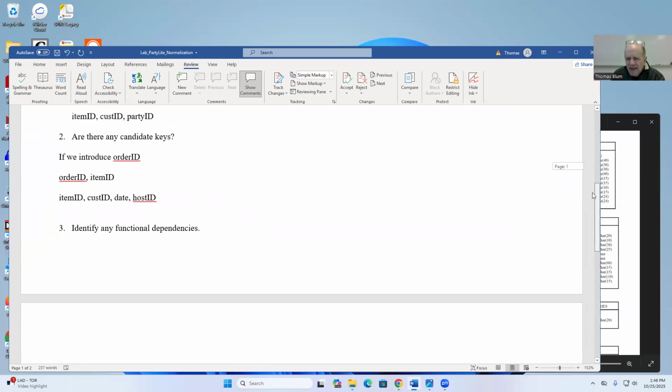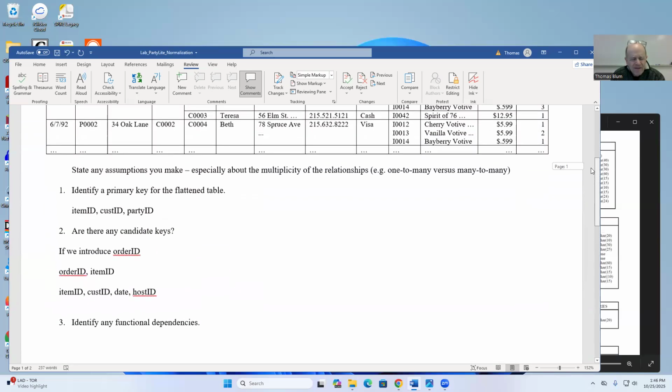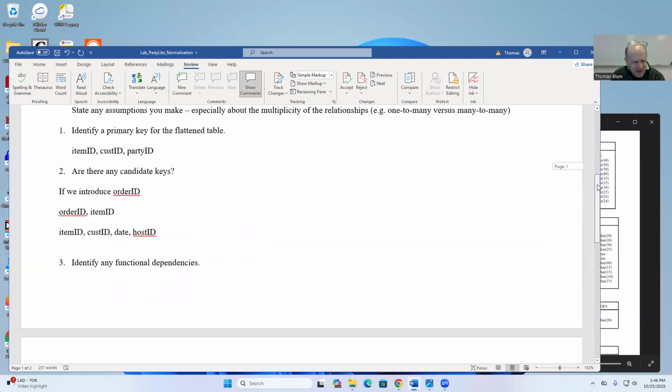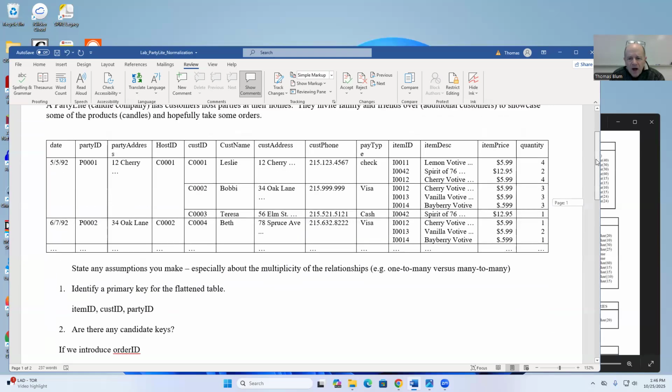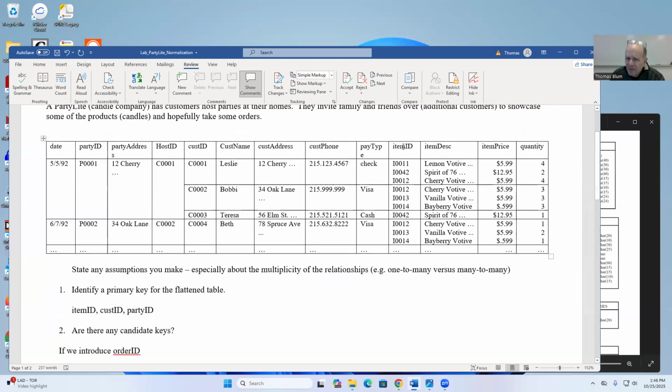So let's look next for functional dependencies. Let me get myself onto the next page here. Okay. Now, clearly the item ID tells us, again, functional dependence is almost like a mini primary key. The primary key is going to uniquely give us everything else in the record.